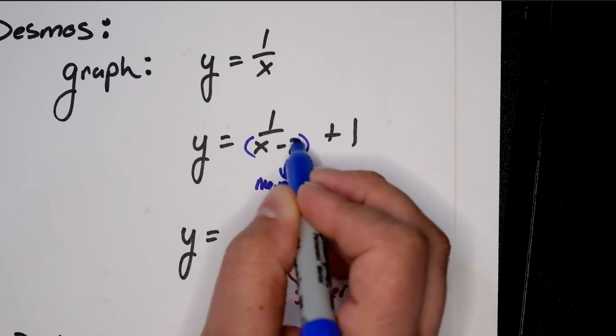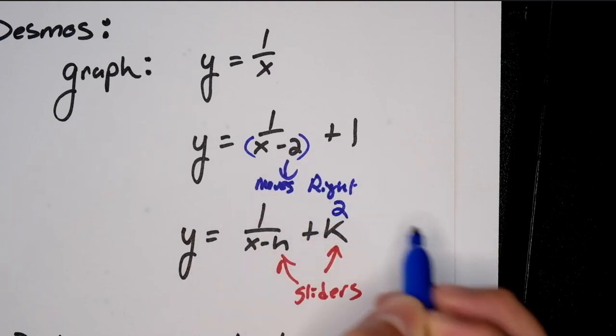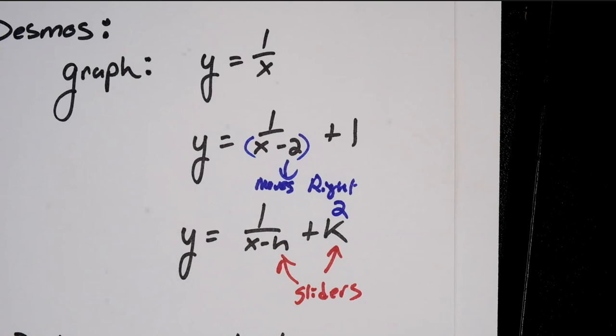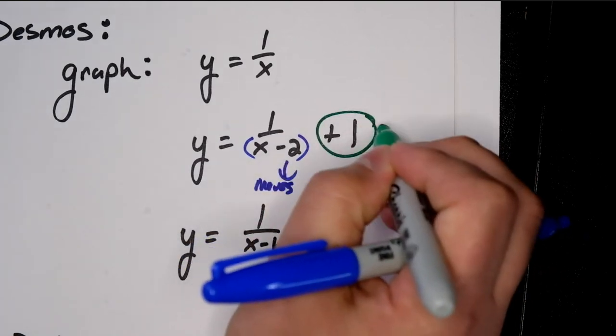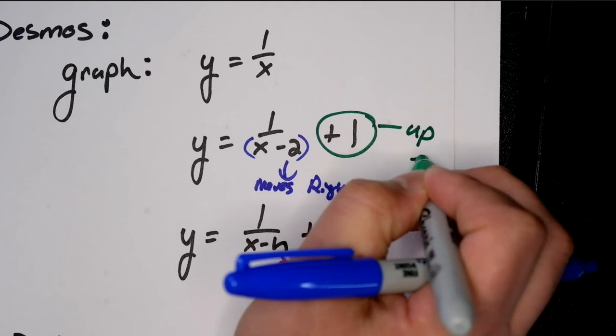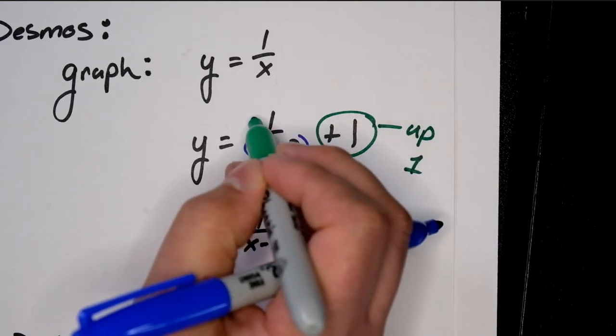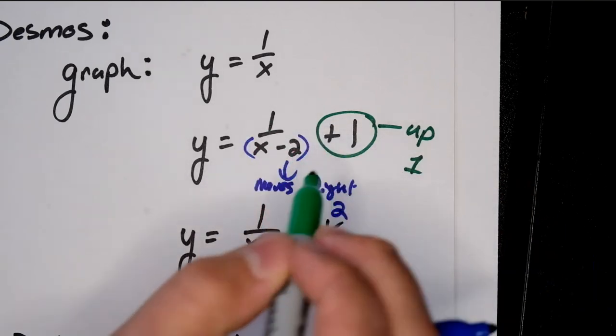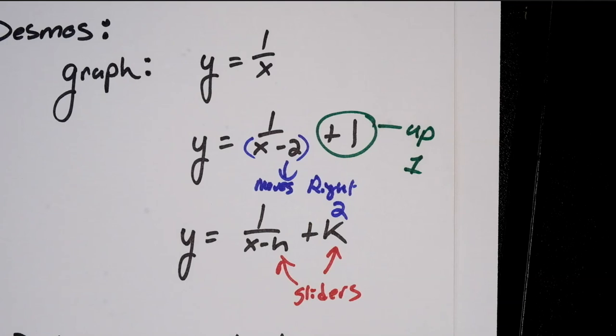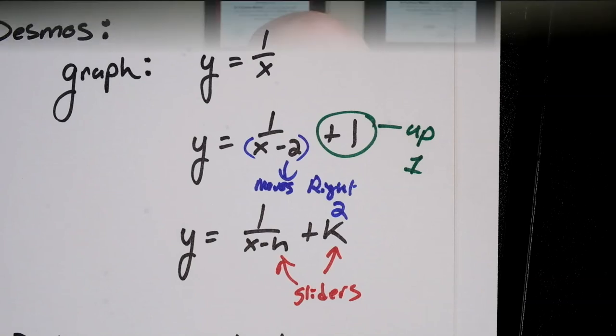Remember, it's opposite of whatever symbol you see in there, so right 2. And then this one is on the outside, so it's going to move up 1. Notice our a value here is positive 1, so there's no shift there. And other than that, we should see that when we go to graph it, okay?